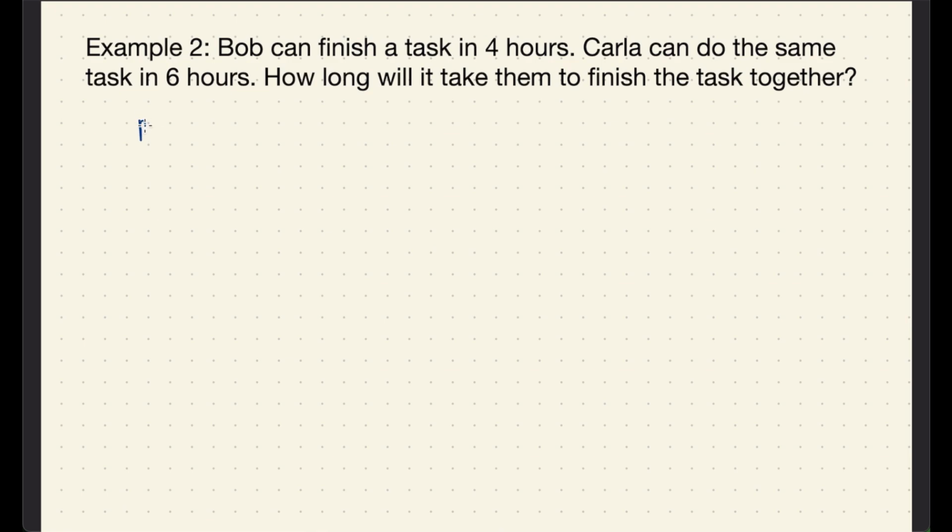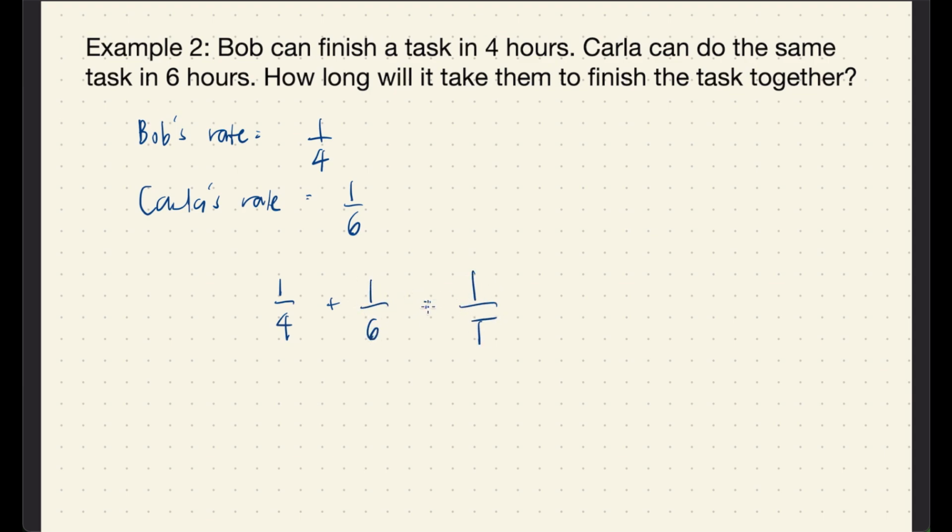The rate of Bob is 1 over 4, and for Carla is 1 over 6. To get the job done together, we can use the second formula coming from the original work formula. We can do Bob's rate plus Carla's rate, and that equals 1 over the total time T. So we solve for T. We combine first the fractions on the left hand side.